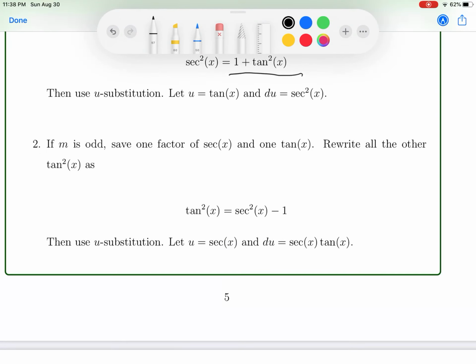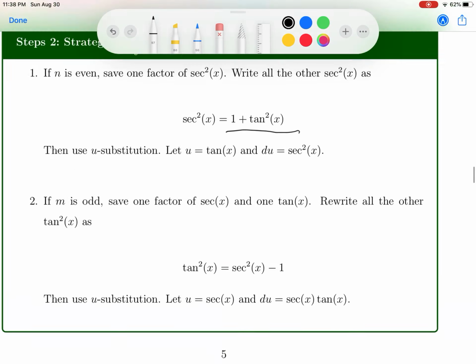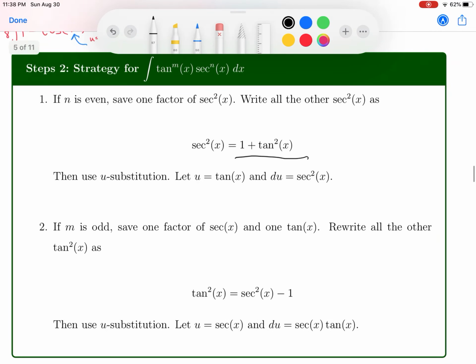Step 2: if m is odd, what is m referring to? M is referring to the power of tangent. So if the power of tangent is odd, save one factor, strip off a power of secant x and one tangent x.